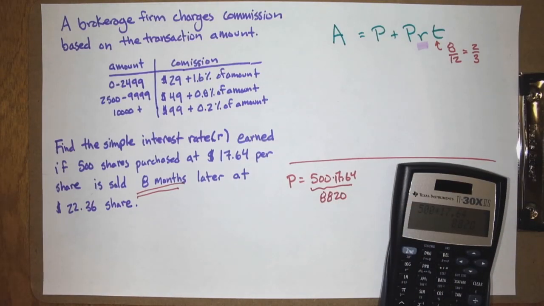Is that P? And why not? Spoiler alert, it's not P. What have we not accounted for yet?